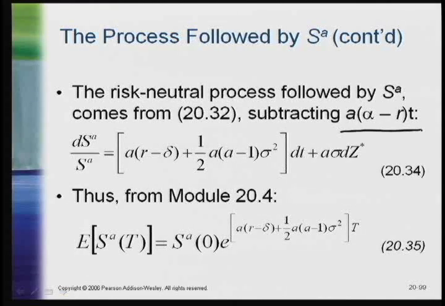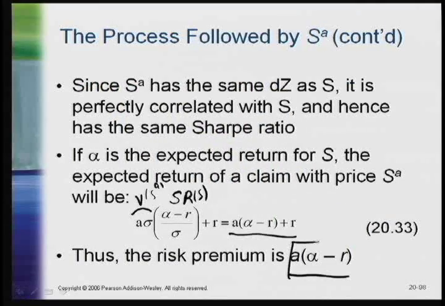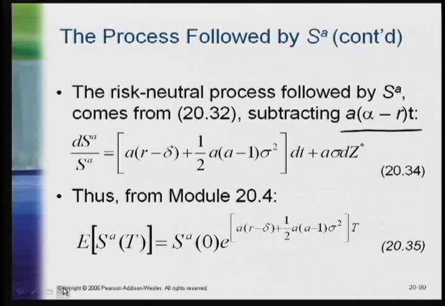the risk premium that we just saw a moment ago, a times alpha minus r, and if we subtract that from the original process drift, we convert a times alpha minus delta to a times r minus delta.